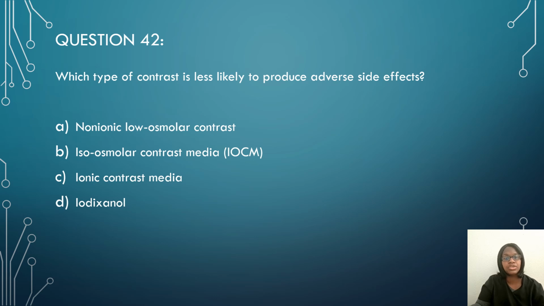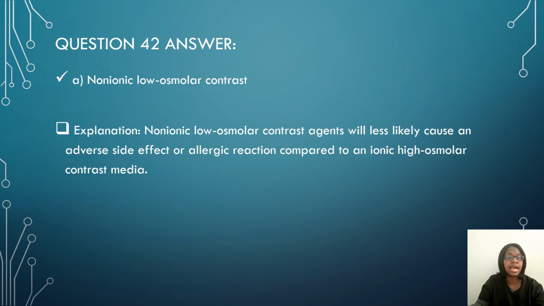Which type of contrast is less likely to produce adverse side effects? The non-ionic kind. So just make sure that you go back, you can review my patient care slides and know the different type of contrast media. I have them all listed on there.